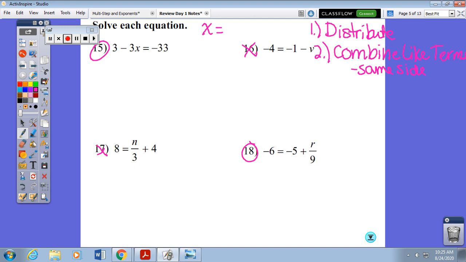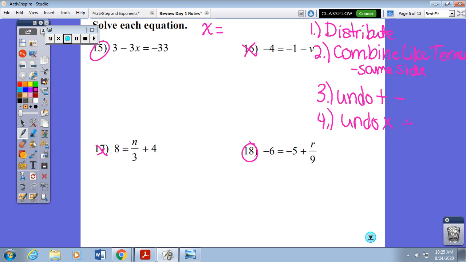Okay? So you only do that on the same side. Then from there I can work with step 3. I can start undoing things. So I'm going to undo addition and subtraction first. Then I'm going to undo multiplication and division.